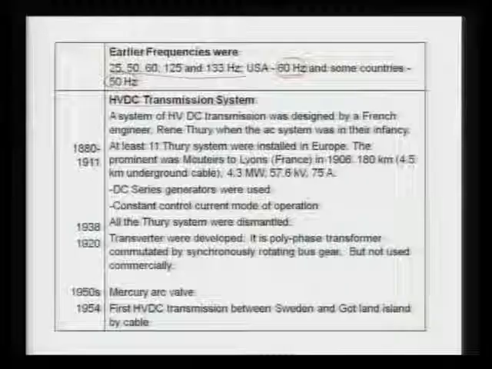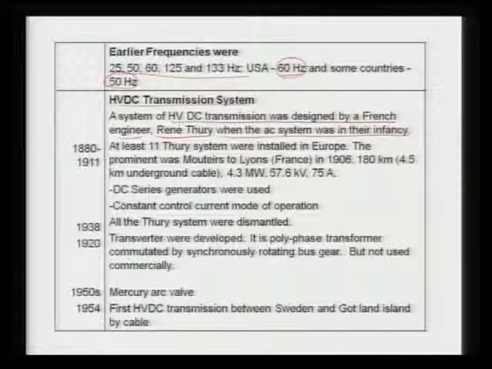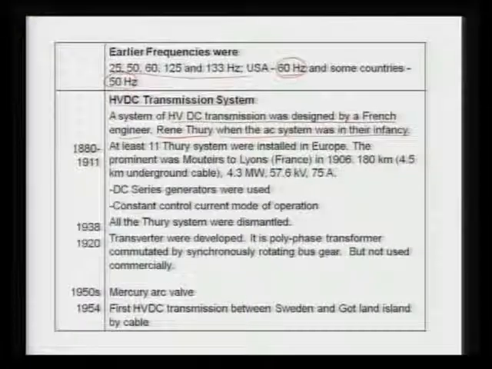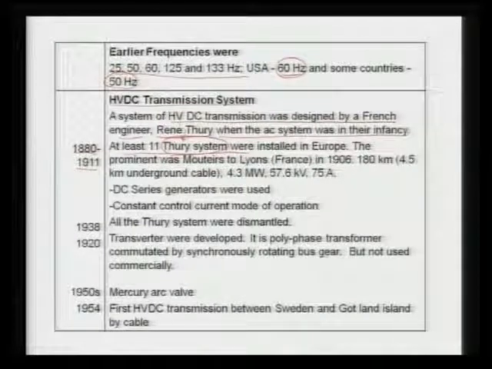The HVDC transmission system was designed by the French engineer Rene Thury, when the AC system was in its infancy, because the AC system was also developing slowly. Between 1880 and 1911, at least 11 Thury systems, named after Rene Thury, were installed in Europe, and the most prominent was Moutiers to Lyon in France in 1906.